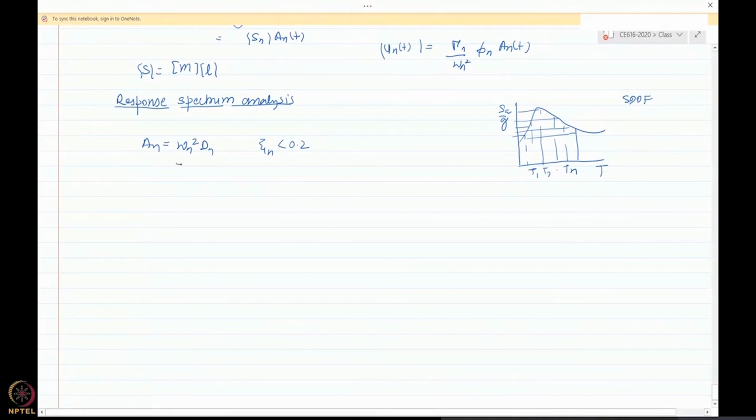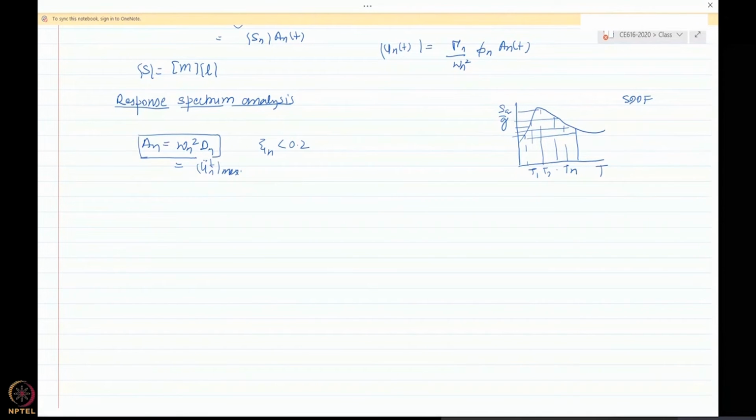I mean, this is not the approximation. The approximation is that this is the u(t) maximum. This is a good approximation, so you can directly utilize these expressions. No need to worry about whether this is exact or not. Now let us look at what the problem statement is.